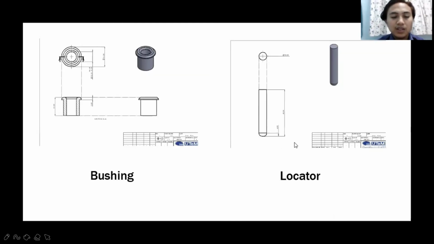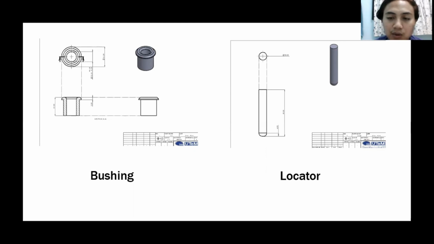The next slide is our design dimensions for the bushing and locator. For the bushing, the outside diameter is 16 millimeter, while the hole diameter in the workpiece is 12 millimeter. So the bushing with a 16 millimeter outer dimension can guide easily for the drilling process.